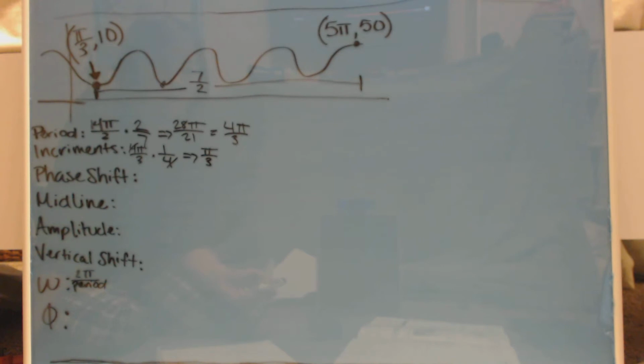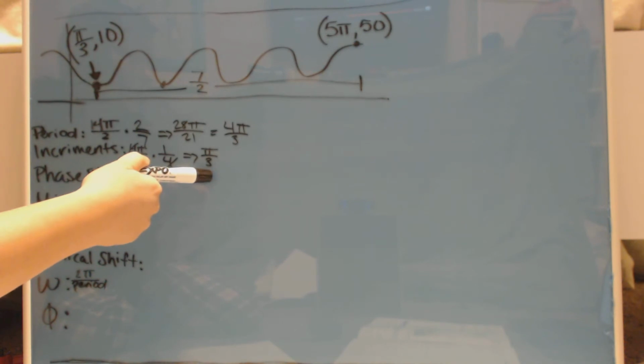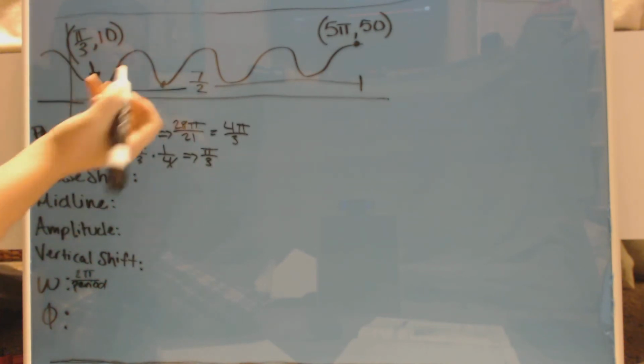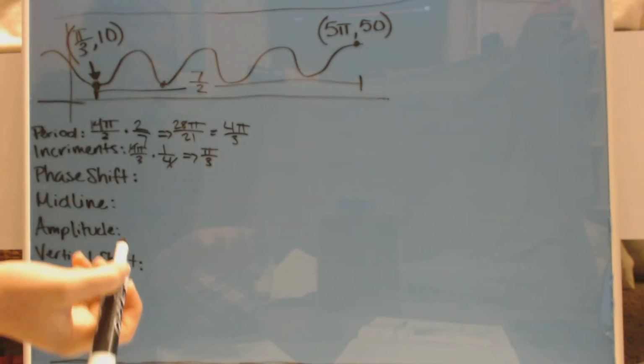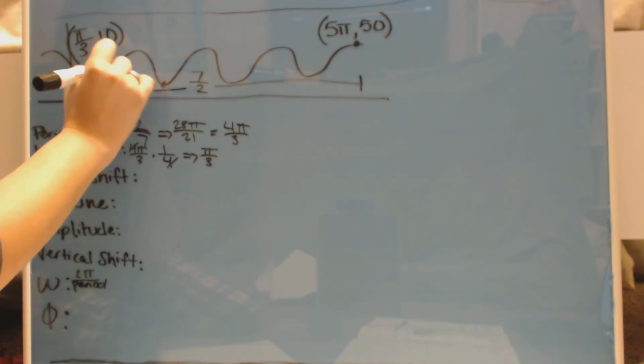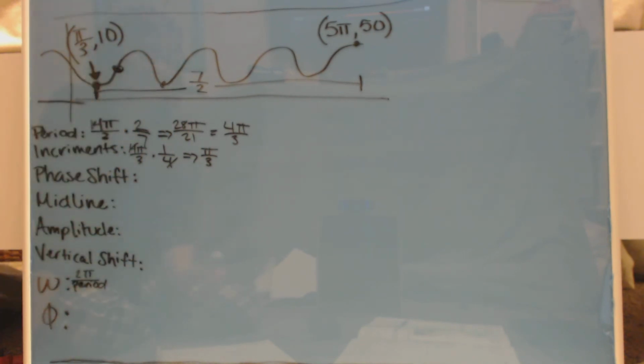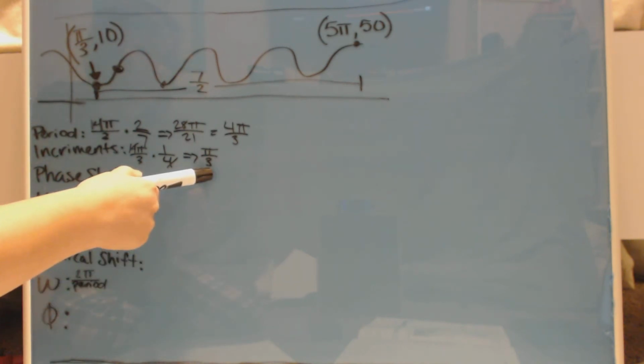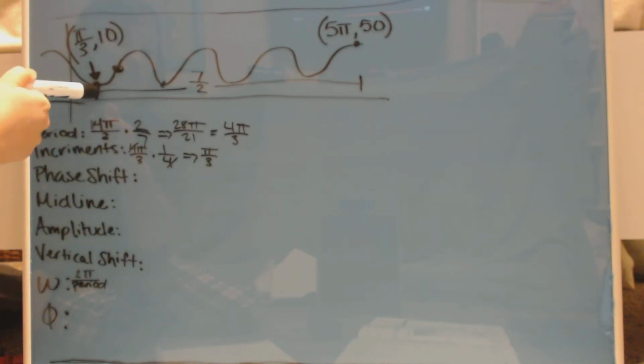Next we need to find the phase shift. Now that we know what the increments are, we know that for a sine graph, sine originally starts out right there, going in the positive direction that way. So we use the increments we were given, adding one increment to this spot right here.